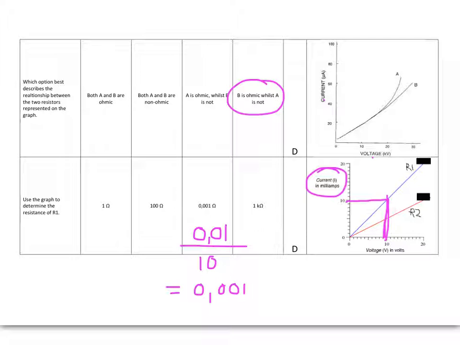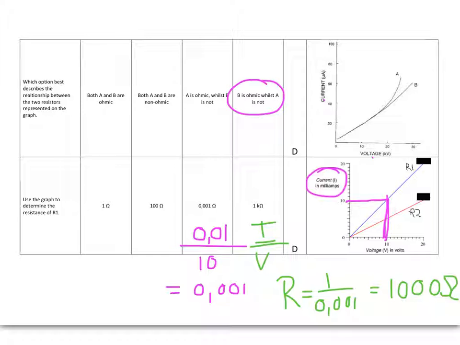But that was my current over my potential difference. So I need to now invert that answer. Resistance is equal to 1 over 0,001, which is equal to 1,000 ohms. 1,000 ohms is 1 kilo ohm. So that is your correct answer.